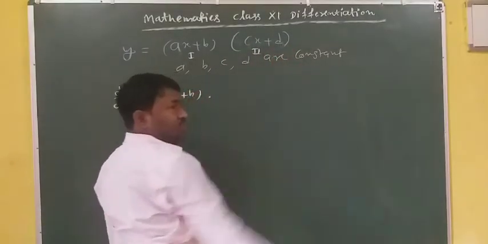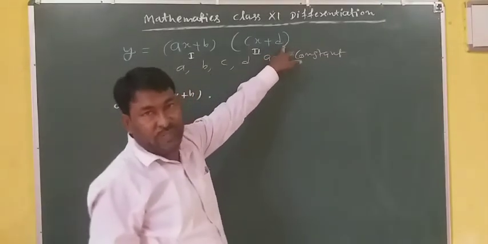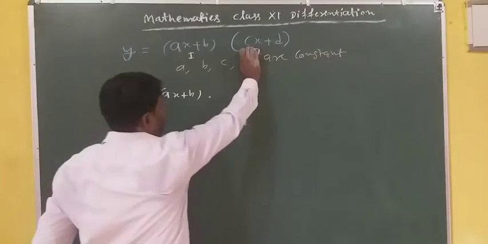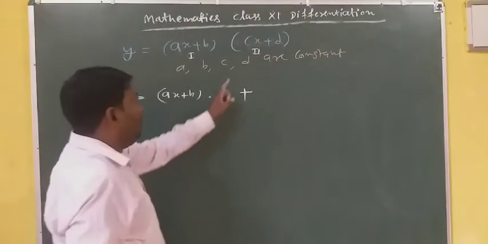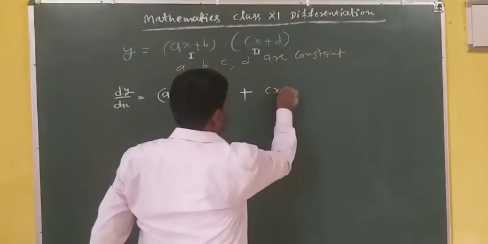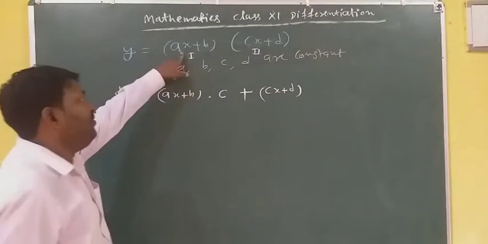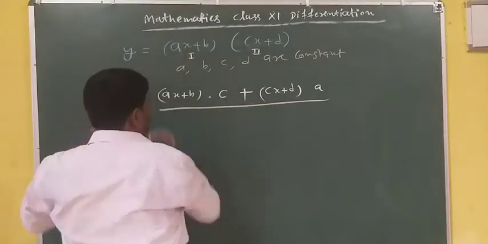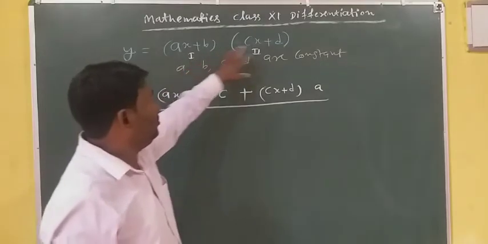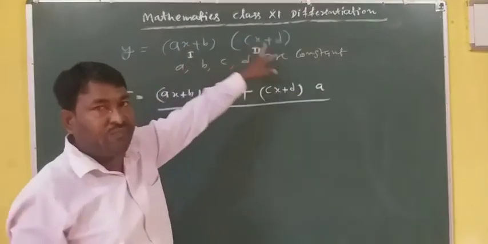This d is a constant which is a totally separate term, so its differentiation will be equal to 0. Thus the differentiation of cx plus d is c, plus the second function as it is, without differentiation, into the differentiation of first, which in the same way is a. So first function into differentiation of second plus second function into differentiation of first.